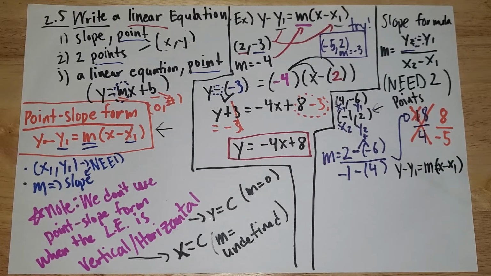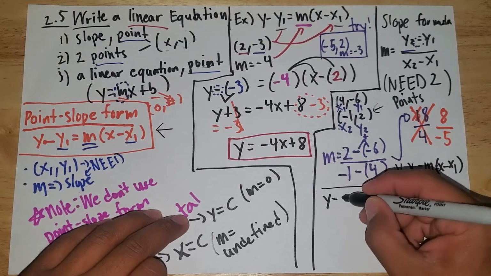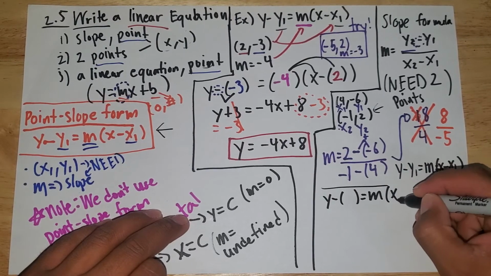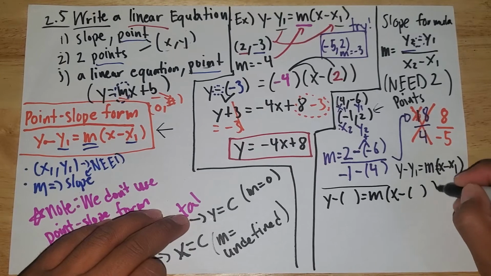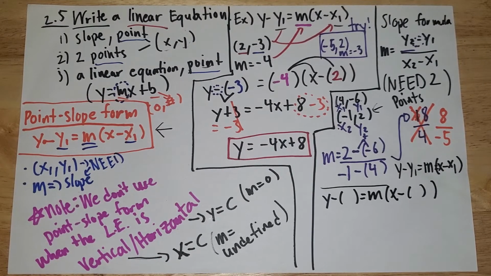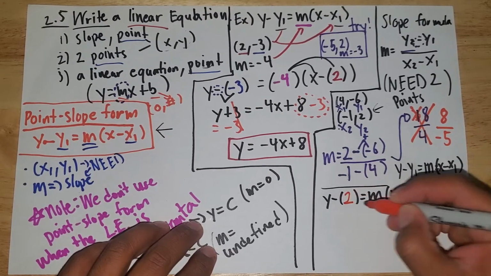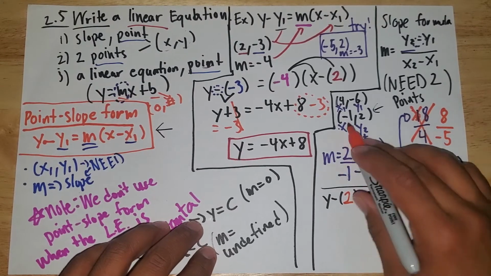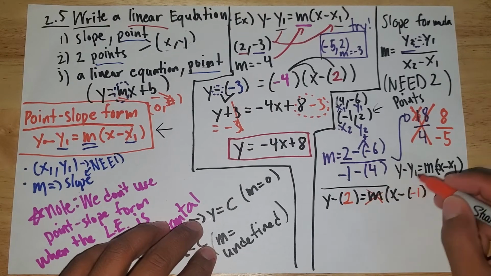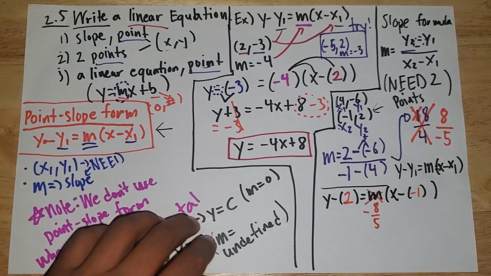So I'm going to have y minus y sub 1 is equal to m times x minus x sub 1. And I'm plugging into that. Oh, I forgot I'm supposed to plug into the slope as well. So I know my y coordinate is 2. My x coordinate is negative 1. And my slope is negative 8/5.